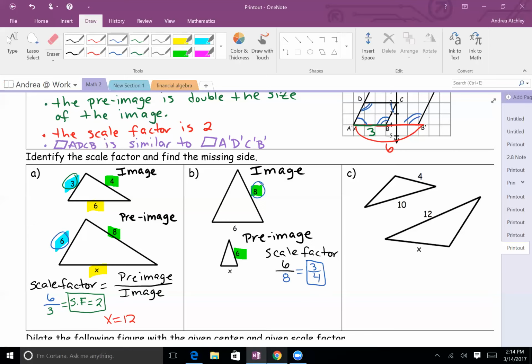Okay, now we're going to find x. In order to do that, we know that they have the same ratio, that they're shrinking. In this case, we're shrinking instead of stretching. So we write a proportion. We do the scale factor of 3/4 equals, we have to have the corresponding sides go with each other. So we want the pre-image on top, so the x goes on top, over the image, which is 6.